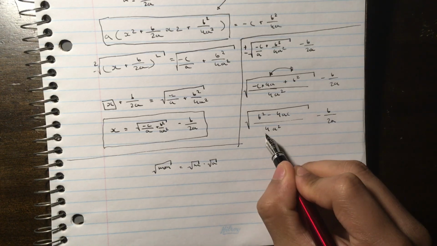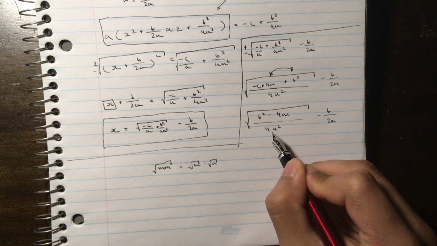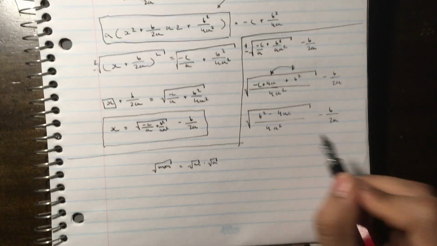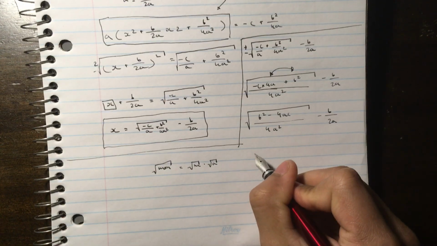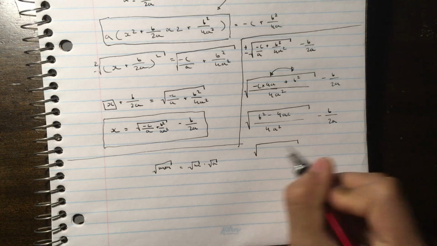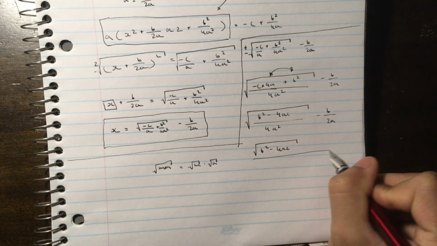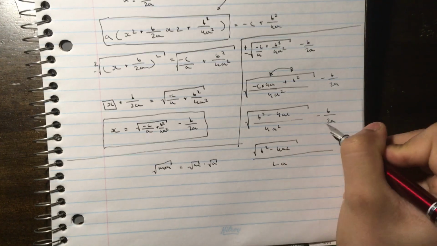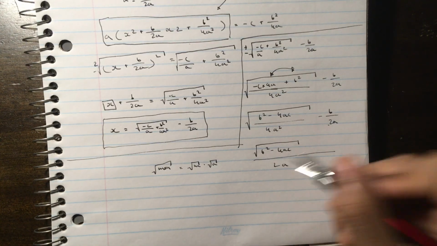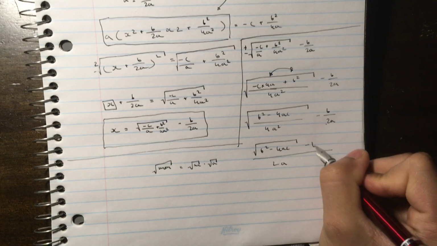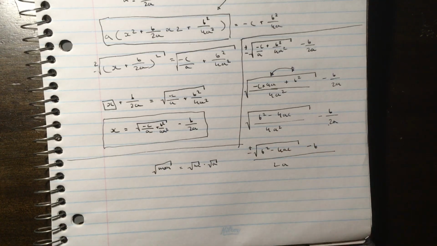So the square root of the bottom is going to be 2a, right? So 2a times 2a becomes 4a squared. So now we have the square root of b squared subtract 4ac over 2a. They both have the same denominator, so we can just write it over the same denominator, subtracted by b. And this is pretty much it.